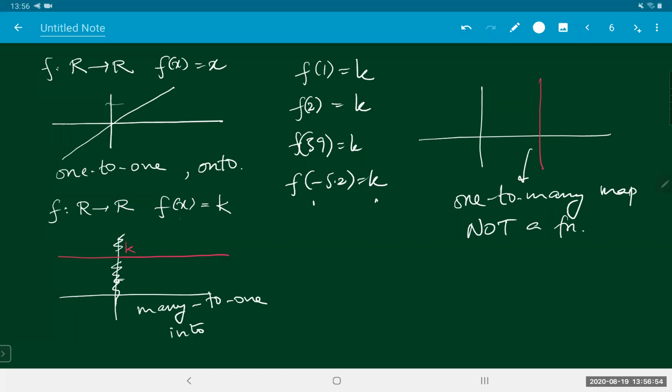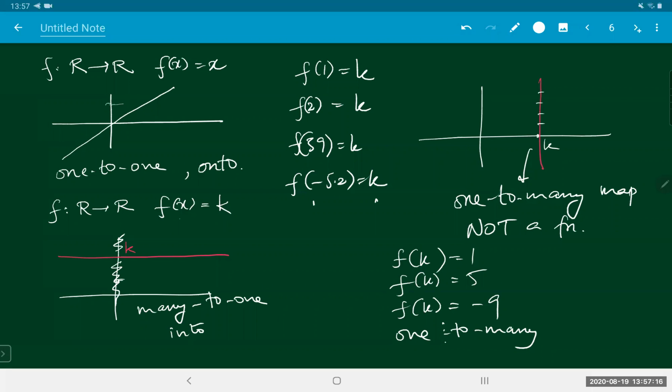Because over here, suppose this number is k. Basically, you're saying f of k is 1, but f of k is also 2, f of k is also 3, f of k is also 4. So this is 1 to many, and that is not a function. Only many to 1 and 1 to 1 are functions. Okay.